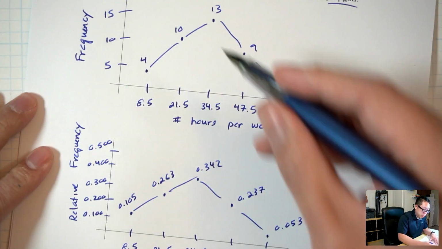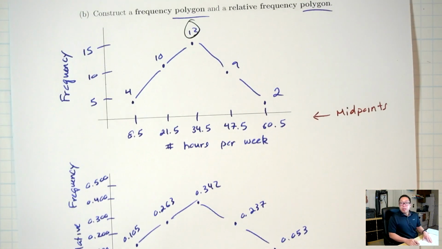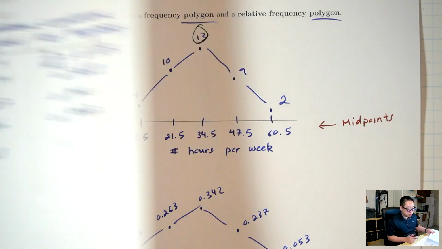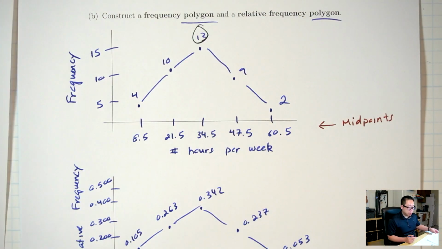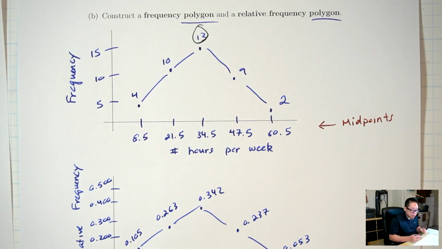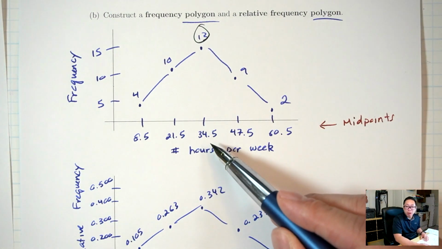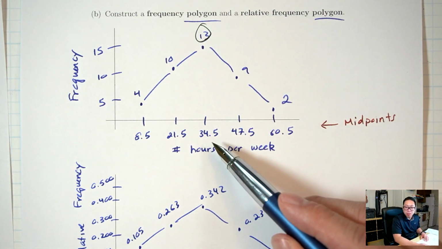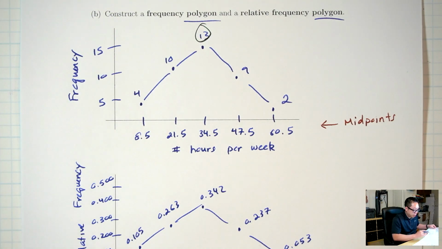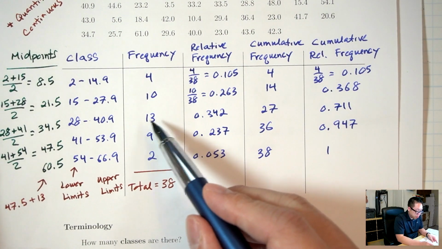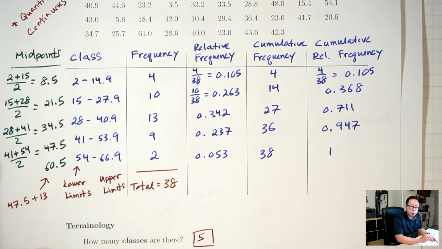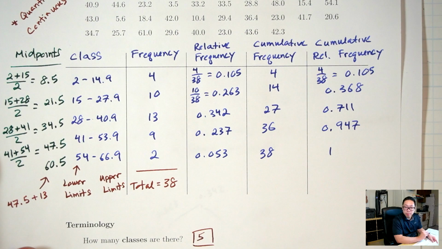So this is this 13 here. So the 13, I recommend interpreting it by using the table, okay? Because if you just look at the graph, it looks like this 13 is 34.5. So it doesn't mean that there's 13 students who spend 34.5 hours studying, because really the 13 represents 28 to 40.9. So there's 13 students who spend between 28 and 40.9 hours studying, okay?